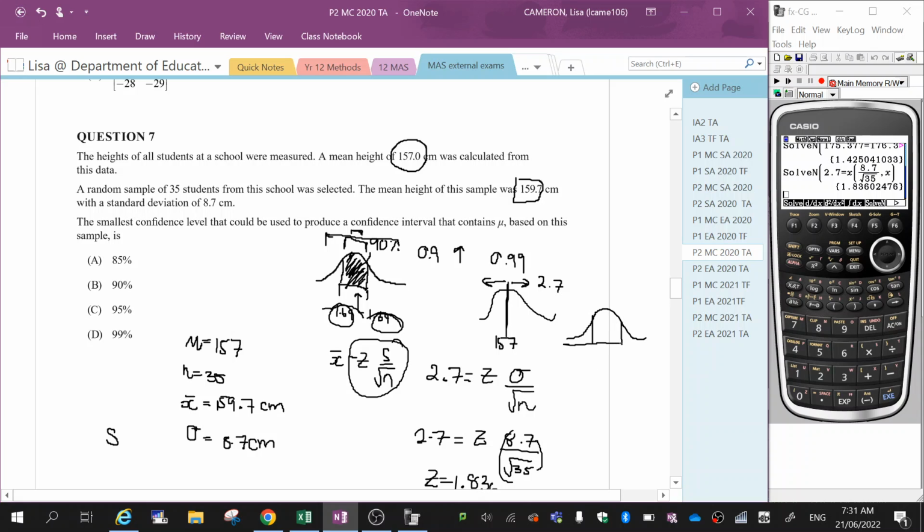for it to include those scores, it will have to be 1.836 and negative 1.836. Now, it's asking us to find the smallest confidence level that could be used to produce this. So now I'm trying to find the area between these two things using my z-scores. Now, if we're using z-scores, that means standard deviation is 1 and mean is equal to 0.